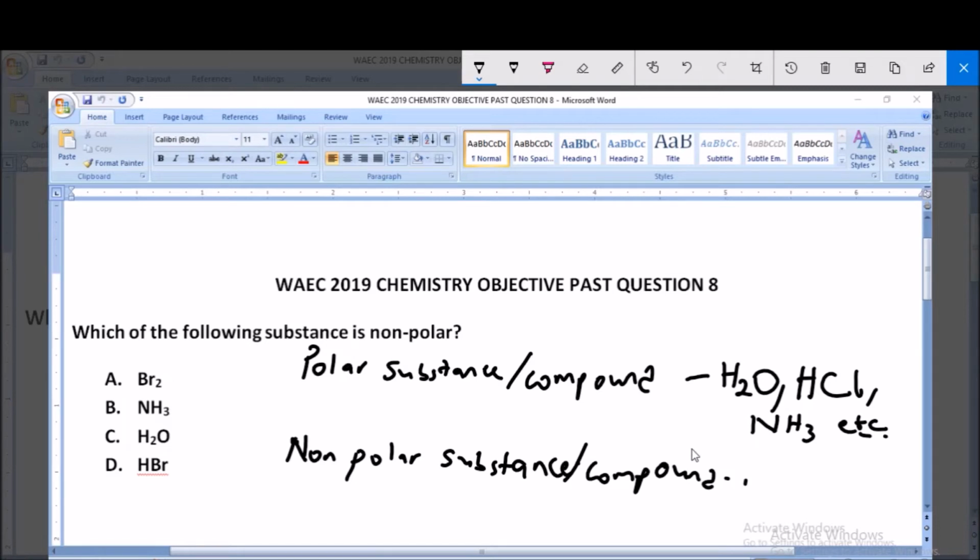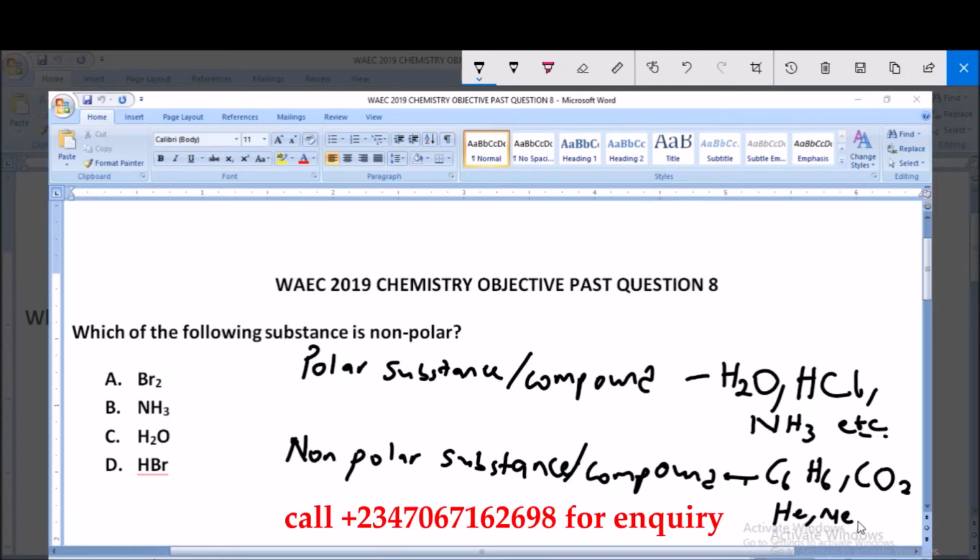Other examples of non-polar compounds include hydrocarbons such as benzene, carbon dioxide is also an example of a non-polar substance, and then all the noble gases, examples of which are helium, neon, are non-polar substances or non-polar compounds. Non-polar substances would be a more appropriate name to call them.